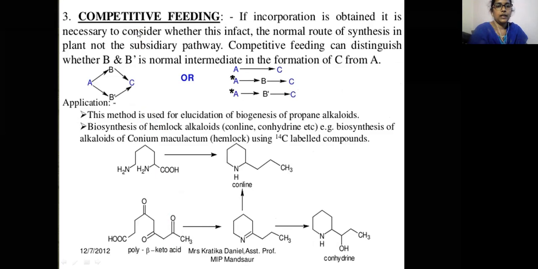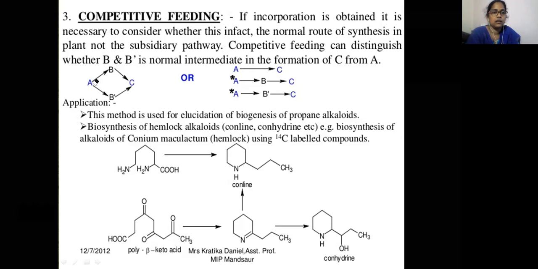Next is competitive feeding. Competitive feeding is used generally to identify intermediates when there are several steps taking place during the formation of a product. Suppose A is your precursor and C is your product. During the formation of C from A, it forms intermediates like B and B dash.